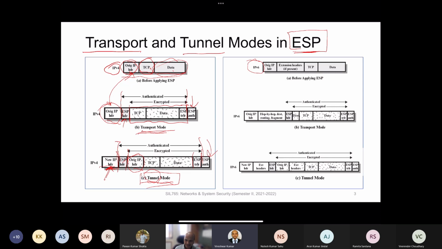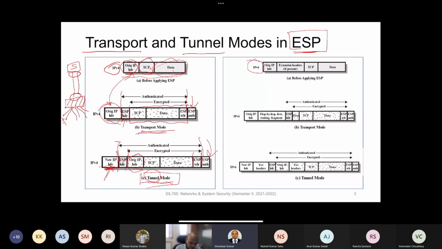So as I had discussed yesterday, what are some of the things that could be done using this tunnel mode. So I had said that if you have a source, okay, and then the source will create this tunnel, carry out this tunnel mode for IPsec, and then the packet can be sent to a firewall, and behind the firewall could be many destinations.